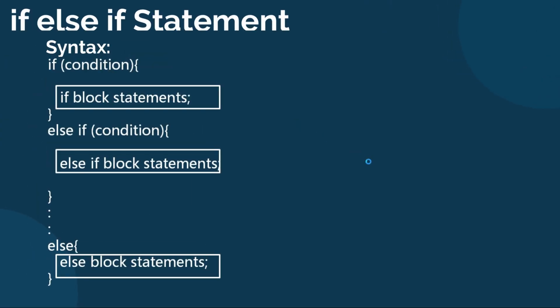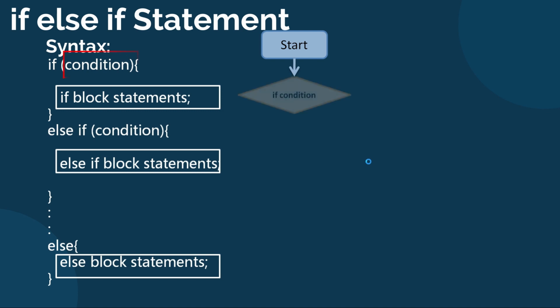Third one is if else if, and in the if else if statement the syntax might look a bit complicated, but we can understand it with the help of a flowchart. So first it will go and execute the if condition, and it will check whether it is true or false.